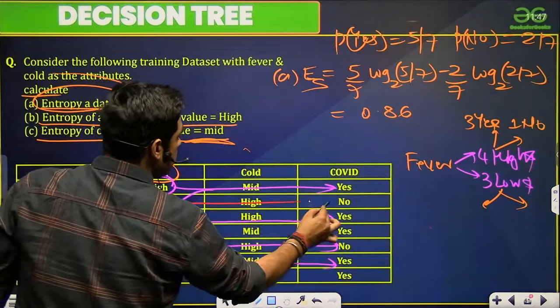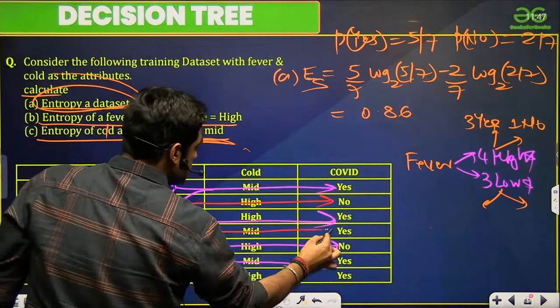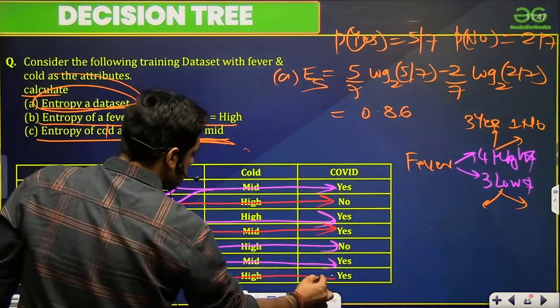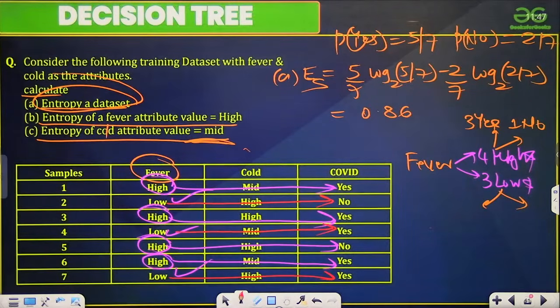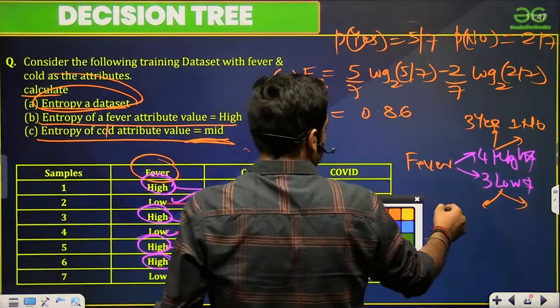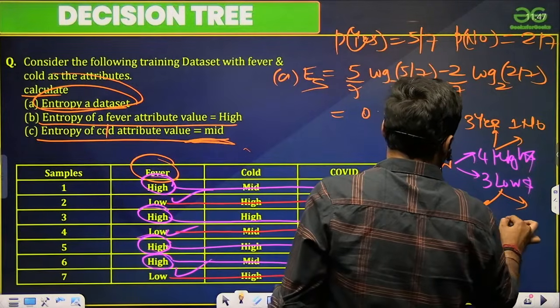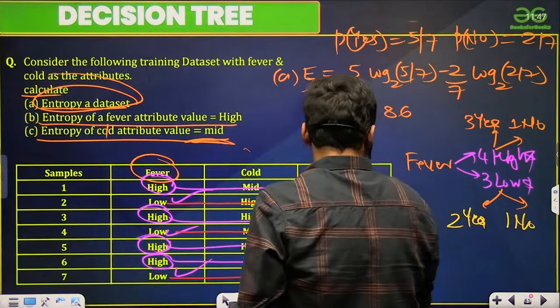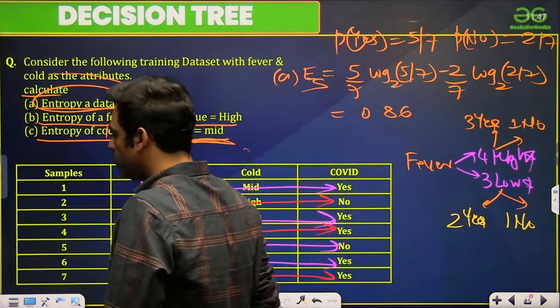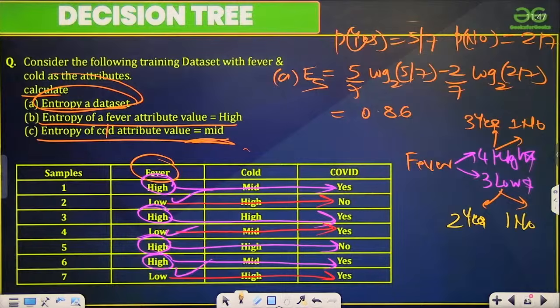I have 1 no, 1 yes, and 2 yes. So I have 2 yes and 1 no.